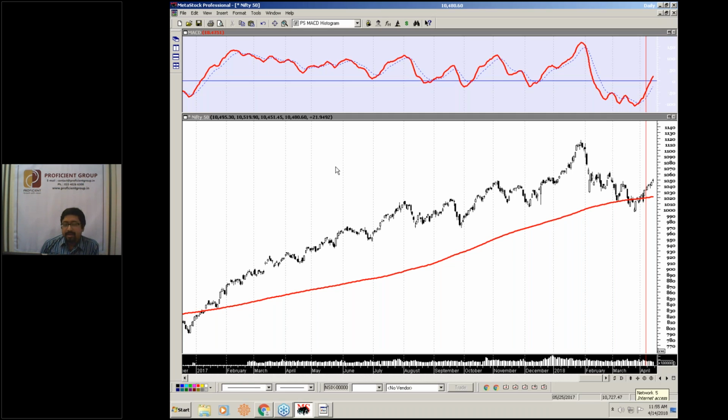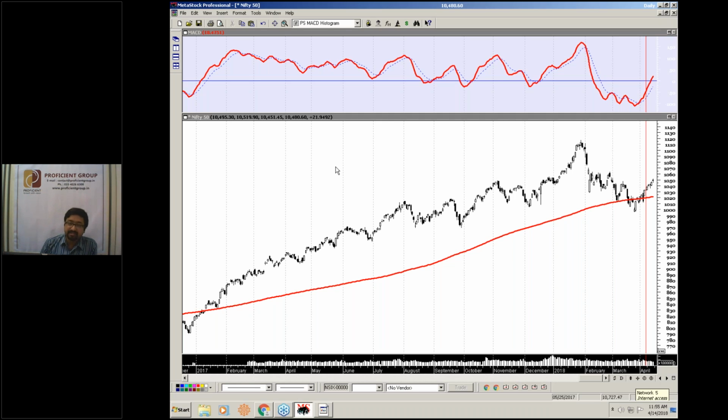MACD divergence is also a strong signal, but many times divergence also fails, especially when prices continue in a longer-term uptrend. For example, you can see on my chart that the entire 2007 bull market is shown here, and there are lots of negative divergences in MACD that did not actually work, and prices kept going higher and higher, disregarding the negative divergence.